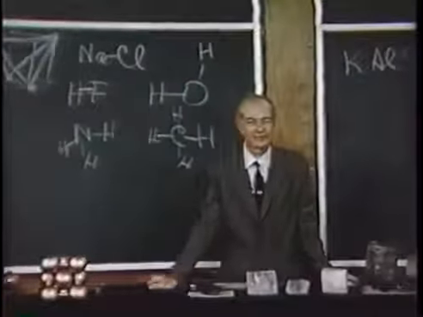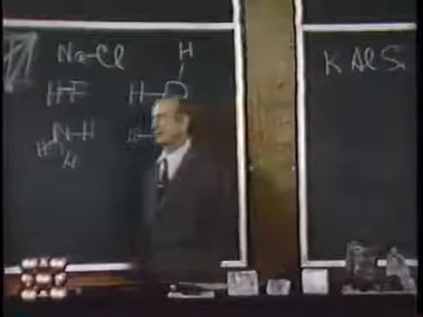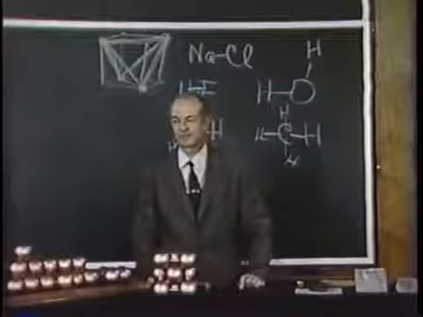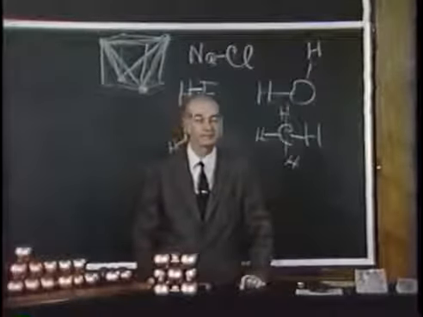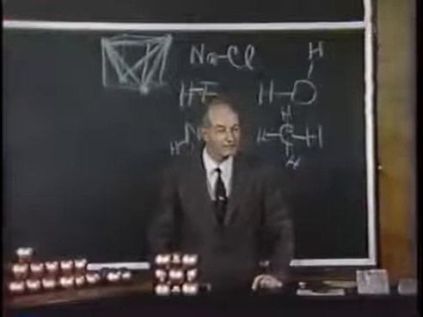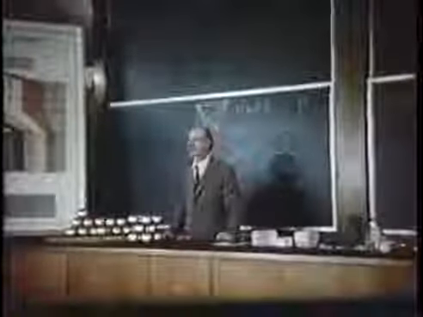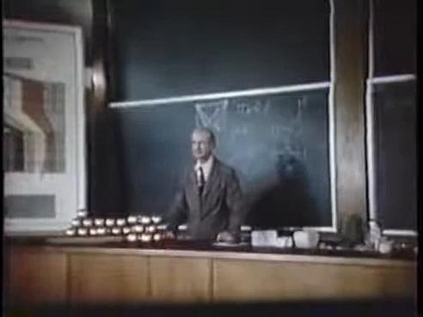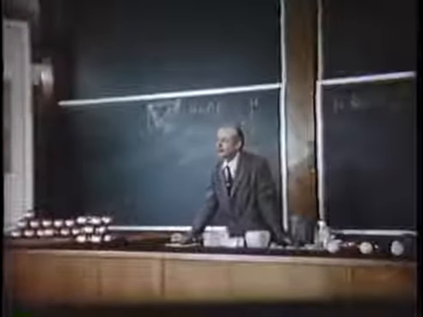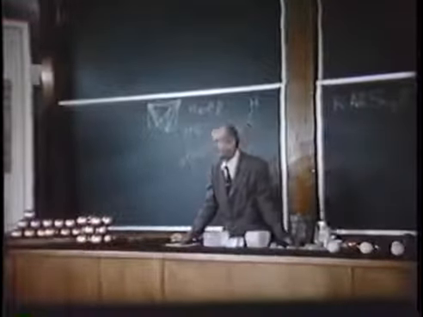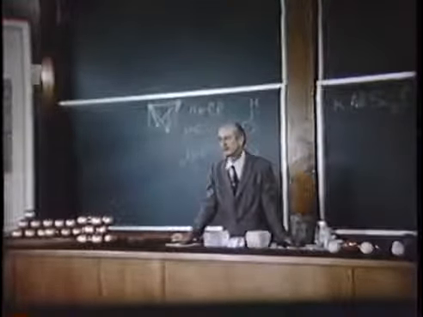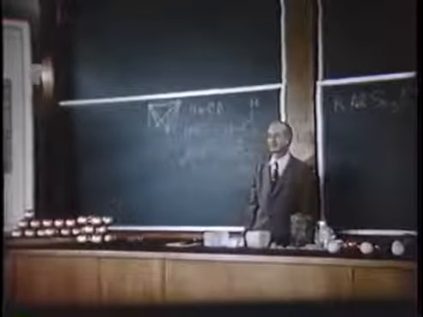And during recent decades, especially in the period beginning about 1916, this concept of valence has been replaced by several more precise concepts. The concept of ionic valence, the concept of covalence, of metallic valence, some others too that have less general significance. In order to understand these more precise concepts of valence, we have to know something about the electronic structure of atoms.